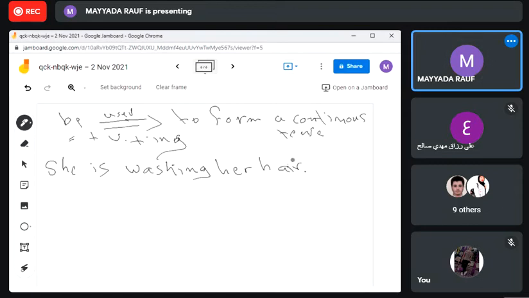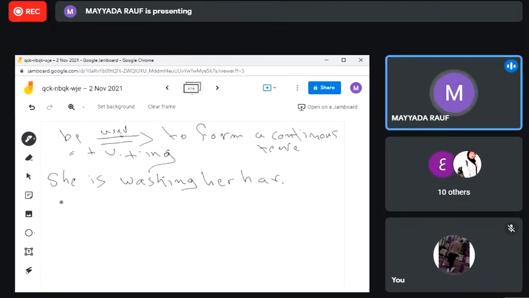So you may ask, in case I want to use the same auxiliary verb, which is be, in the past, in this case, an example, they were going to work.